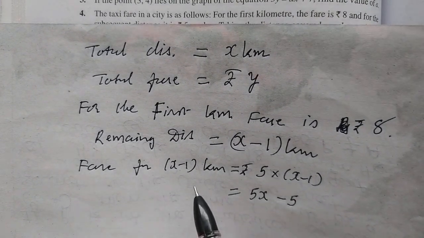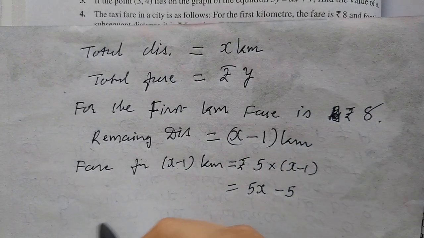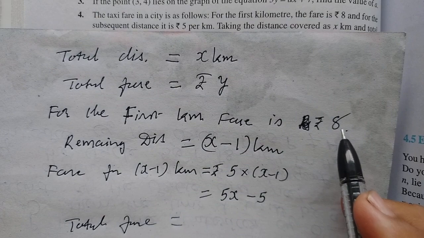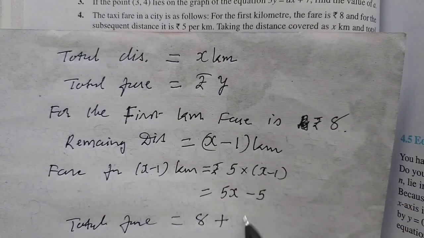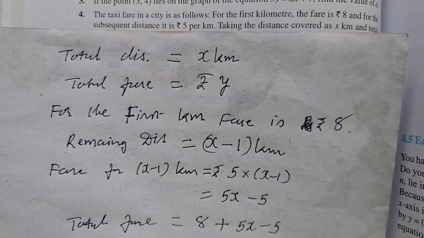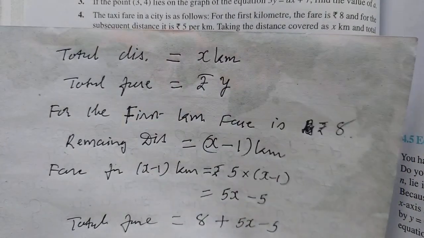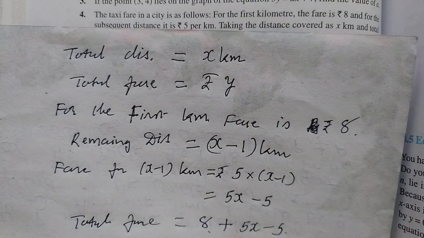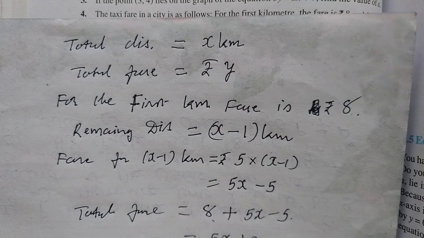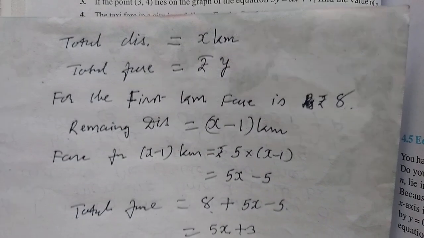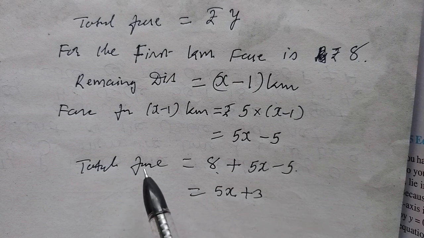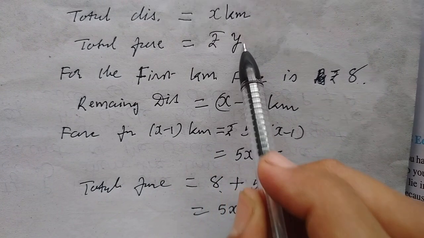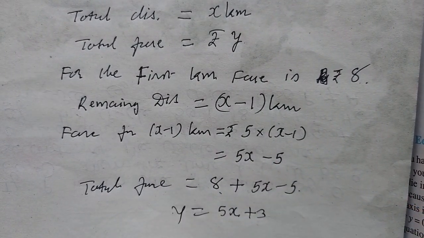Now total distance is how much? x kilometer. So what will the total fare be now? Total fare is rupees 8 for the first kilometer, and for the rest 5x minus 5. So it is 5x plus 3. 8 minus 5, 3. So this is the total fare we got. Now, children, the total fare we got is 5x plus 3, and at the start we took the total fare as y, so put y here: y equal to 5x plus 3.